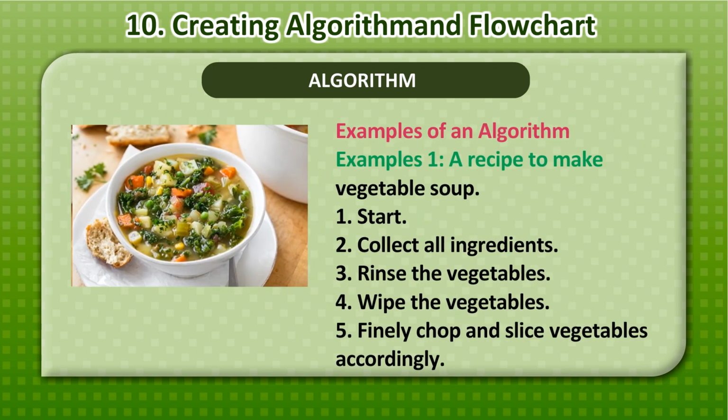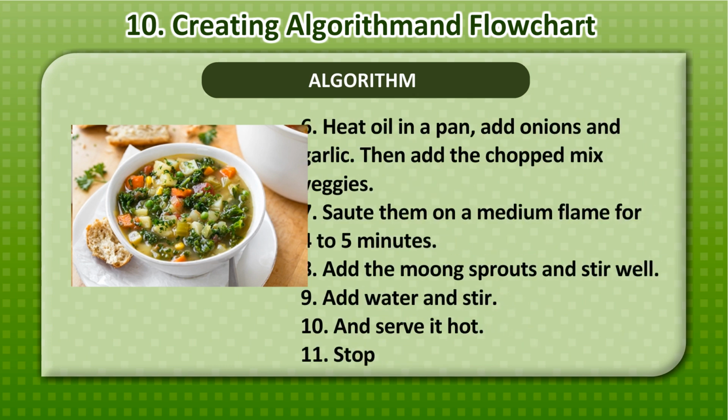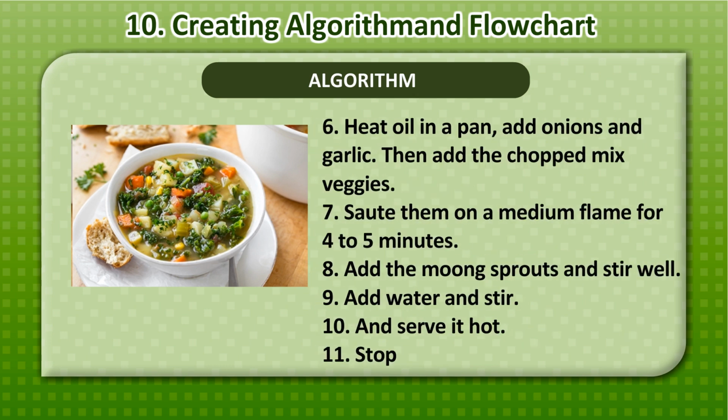Examples of an algorithm. Example 1. A recipe to make vegetable soup. 1. Start. 2. Collect all ingredients. 3. Rinse the vegetables. 4. Wipe the vegetables. 5. Finely chop and slice vegetables accordingly. 6. Heat oil in a pan.